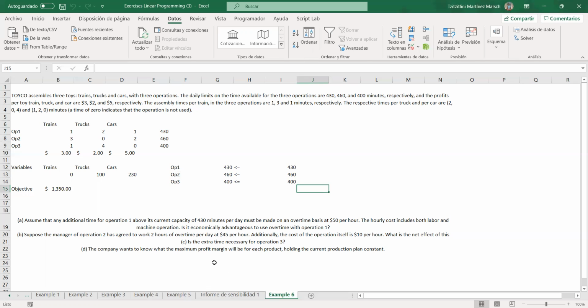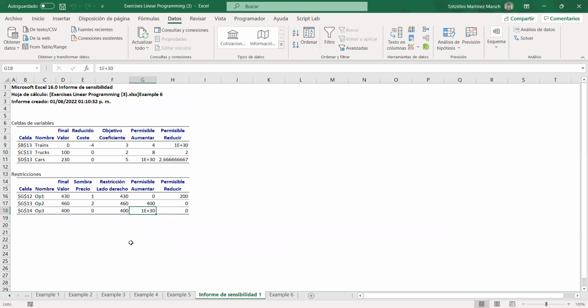Okay, so our sensitivity report is, we're going to go here, and it says, okay, this is for operation one. We have $50 that it's costing me, okay? And it says here that for each additional hour or minute, it's minutes because we're working with minutes, for each additional minute that we go up, we can have $1 more added.